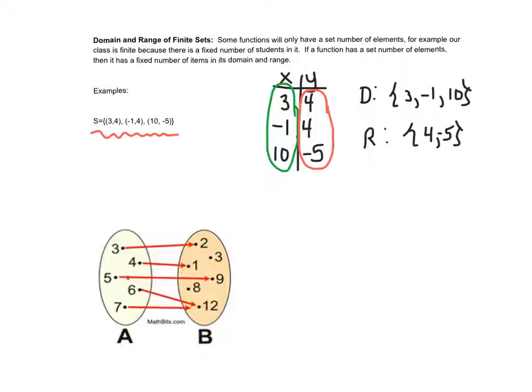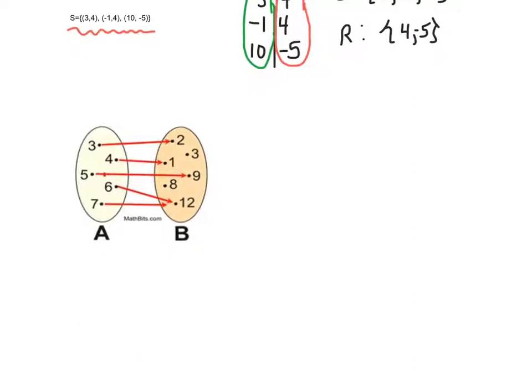The second example you see of a finite relation, this is what we sometimes call a mapping. So in a mapping, you see each arrow relating one set to the other. So this is essentially saying if I plug in 3 to this relation, I'm going to get a 2 out.